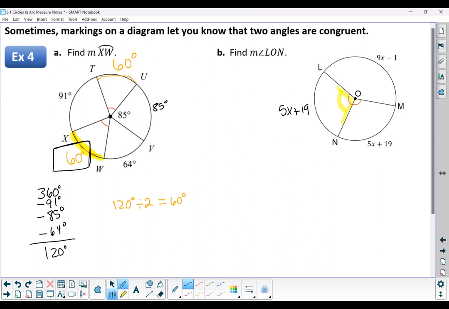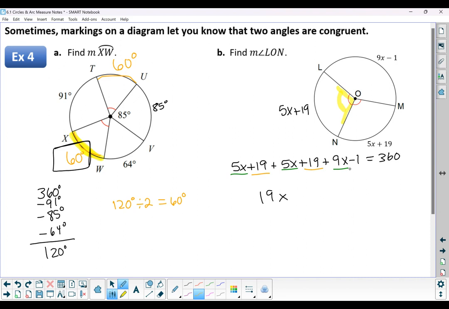This circle is right now broken up into 3 arcs, and we have an expression for each of the 3 arcs. So we add those expressions together and set it equal to 360 degrees. We have 5x plus 19 plus 5x plus 19 plus 9x minus 1, and that's the whole circle, so that's 360. On the left, if we combine terms, we have 5x, 5x and 9x, so that's a total of 19x.